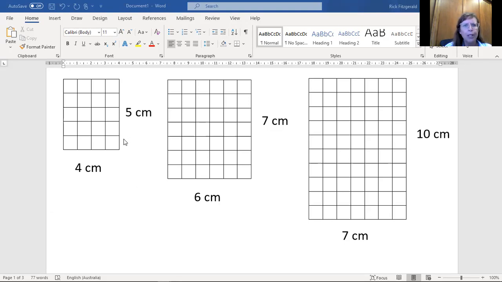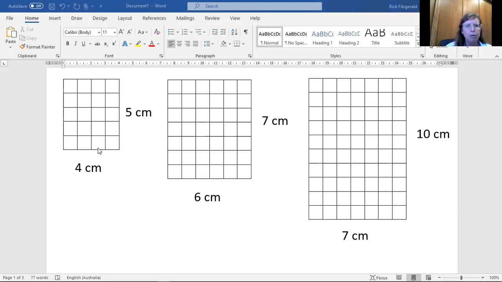Now on Thursday, we did have an introductory lesson to area, so I'm just going to go over those ideas again, and then we'll see how that works. Okay, so here we have a rectangle that is 5 centimetres by 4 centimetres.